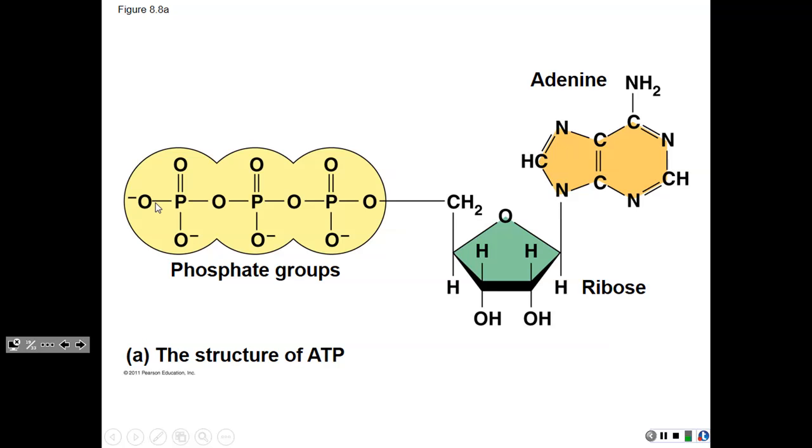You do not have to stop there. If you're really pressed for energy and you're a cell, and you've used up all of your ATP and made a bunch of ADP, you know what you can do? You can milk that molecule for more energy still. You can get another 7.3 kcals per mole by converting your ADP to AMP, adenosine monophosphate.